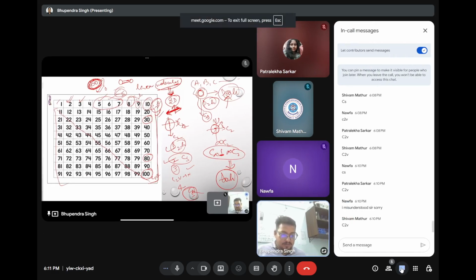Okay, quickly try to find out the point group of 30 and 80.